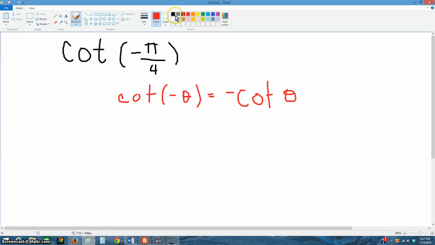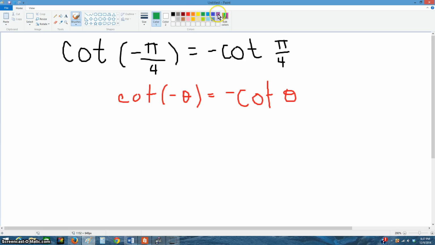So let's go ahead and rewrite our original one as negative cotangent of pi over 4. Okay, what does that mean?